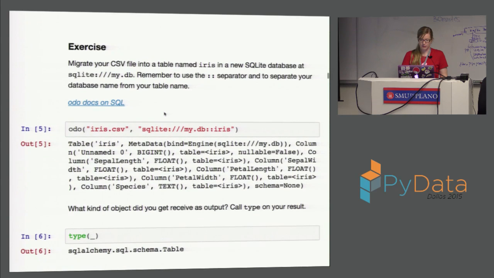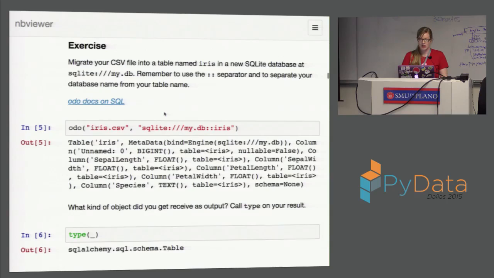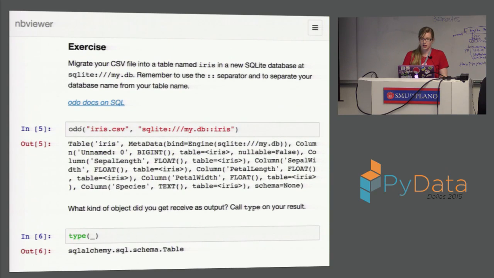So let's have another exercise. Well, this exercise is already done, but just so you see how you can migrate the CSV file into an SQL database, and SQLite in this case, we're just going to create a DB that we'll call myDB and the table iris.